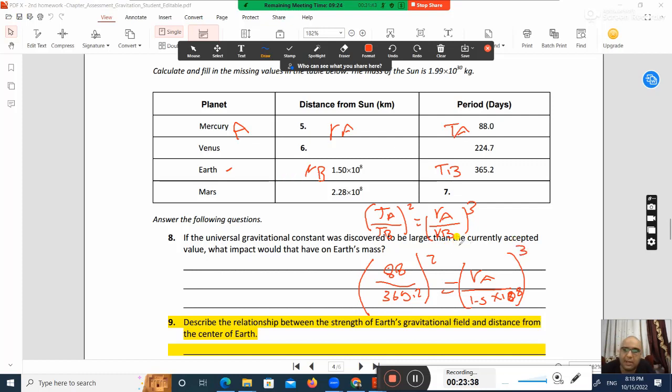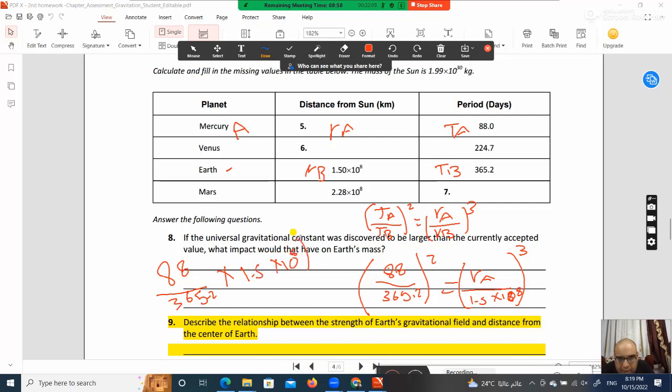By putting this relation in the calculator we can find that, or we can do it manually. Let's do it manually. So it's 88 over 365.2 times 1.5 times 10 to the power 8, cubed.